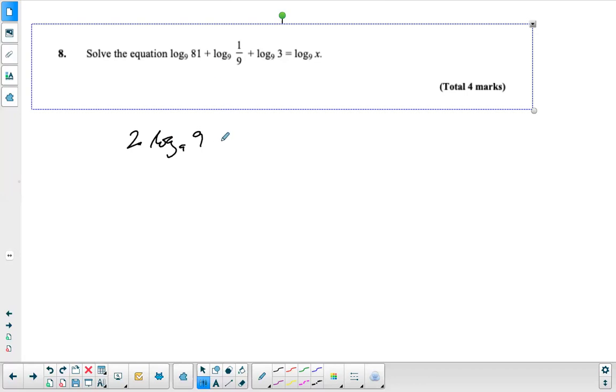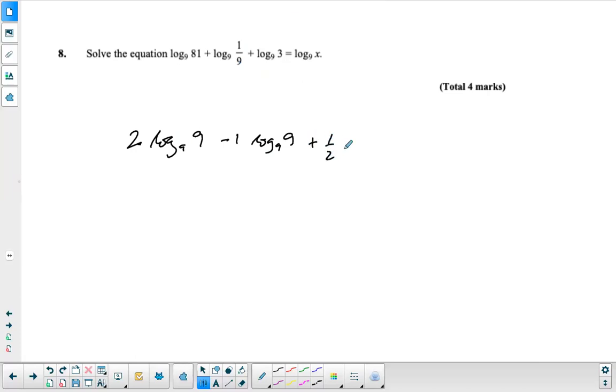And this is minus 1 log to the base 9 of 9, because that's 9 to the power of negative 1. And this is a half log to the base 9 of 9, because 3 is the square root of 9. And this simply equals log to the base 9 of x.